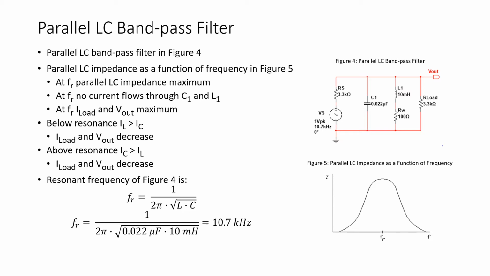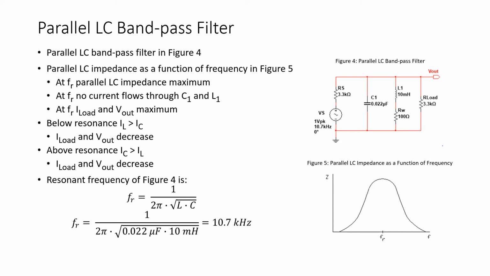And at frequencies above resonance, IC is greater than IL. If we look at the plot of figure 5, we see that the impedance of the parallel LC combination decreases. Again, at frequencies above resonance, we have current flowing through the capacitor, therefore reducing the current that flows through the load resistor. And of course, the output voltage will decrease.